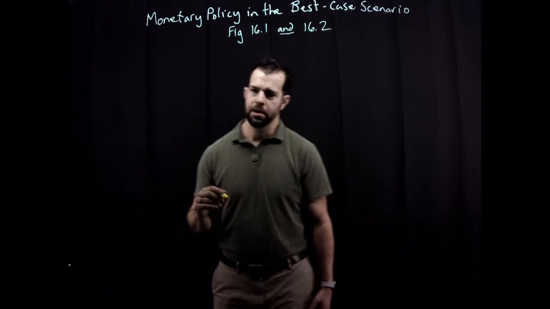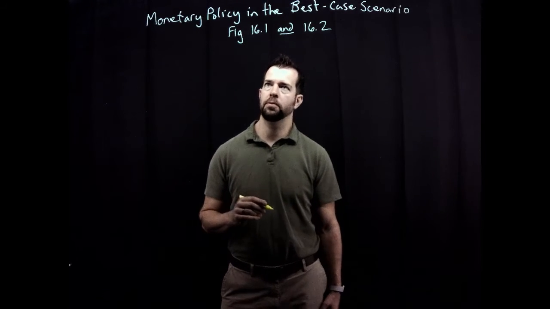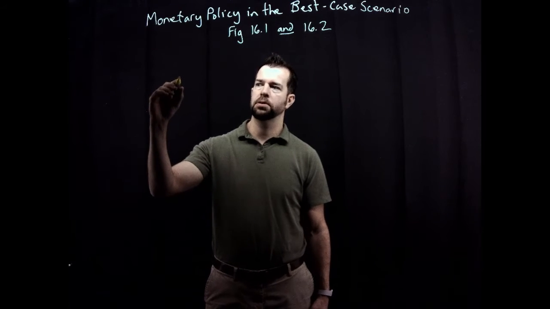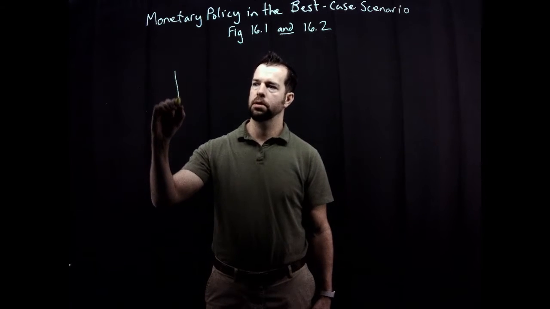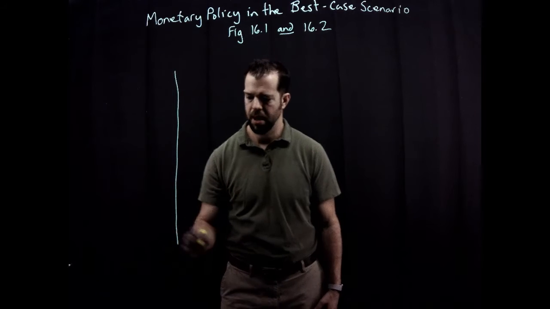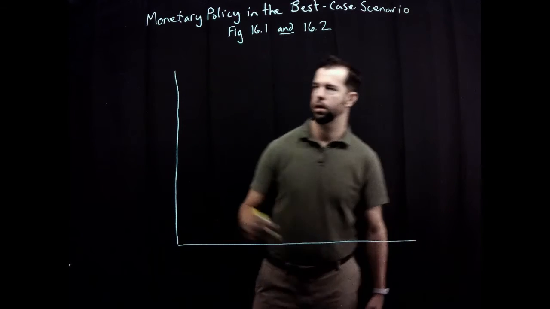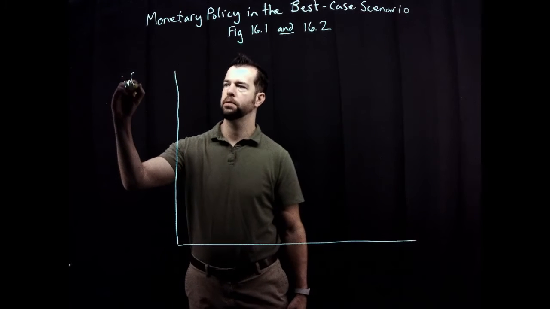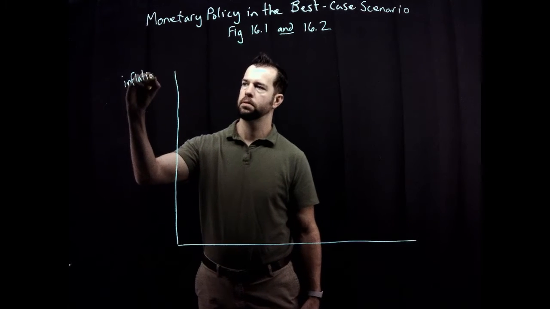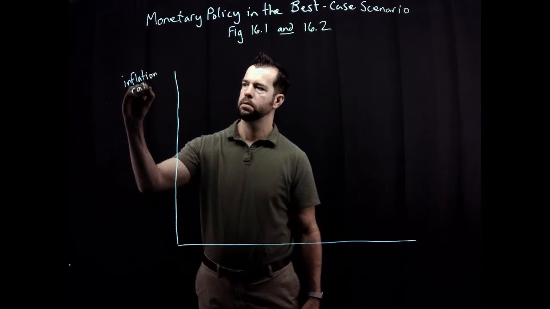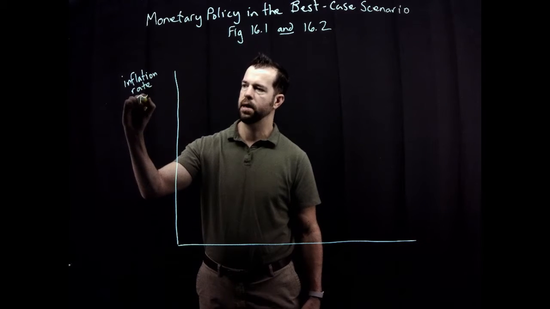All right, so what do we have here? Well, we first got to set up ourselves a long run macroeconomic equilibrium here. All right, so we're going to have our inflation rate, pi.